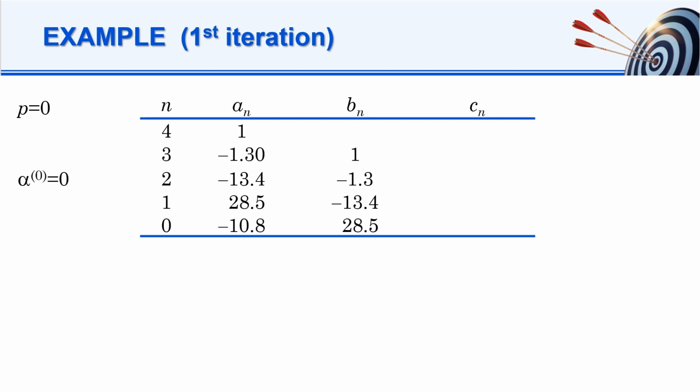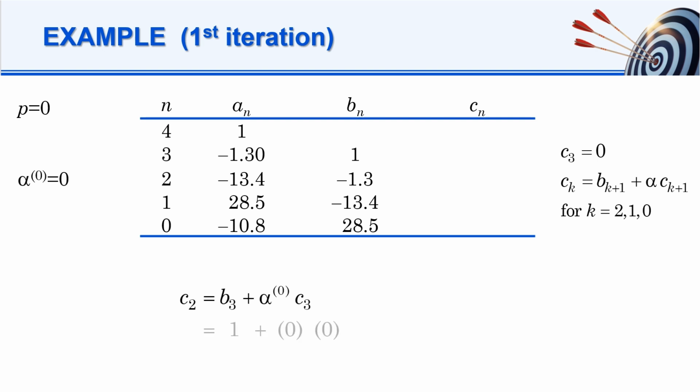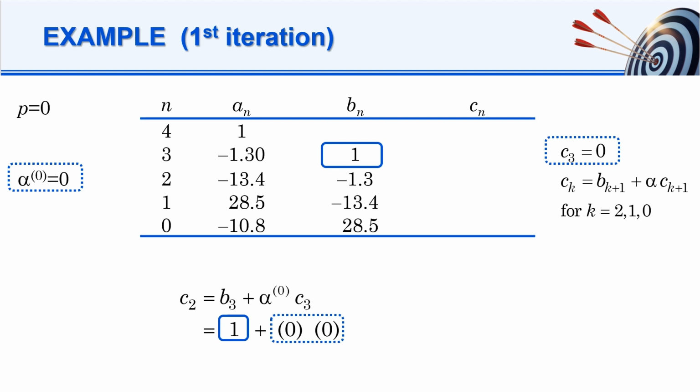Now that we have b's, we can go on to calculate c's. We set c3 to 0. We begin with k equals 2. The recurrence relationship takes the following form. We substitute the numerical values for b3, c3, and alpha 0. c2 is found as 1.